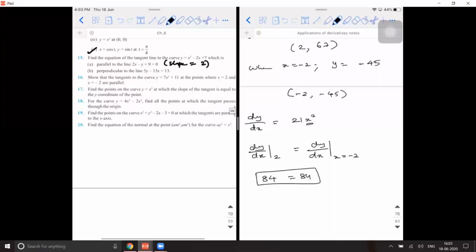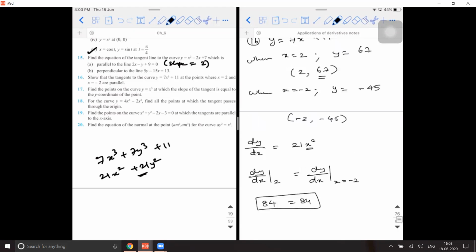For example, if they had given the question as 7x cube plus 7y cube plus 11, then you would need the value of y, because when you differentiate, you will get 21x square plus 21y square dy. That time it will not be parallel, because look at the value of y: 67 and minus 45. They would not have been parallel. So, depending on the question.